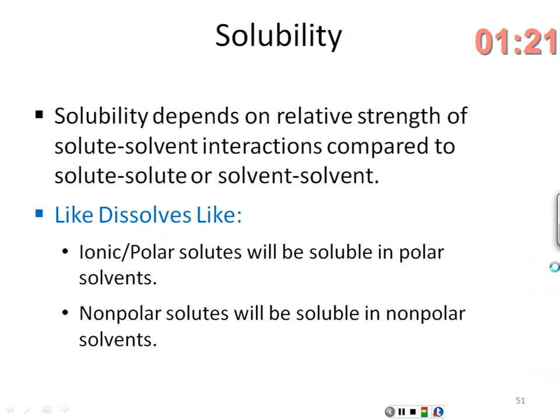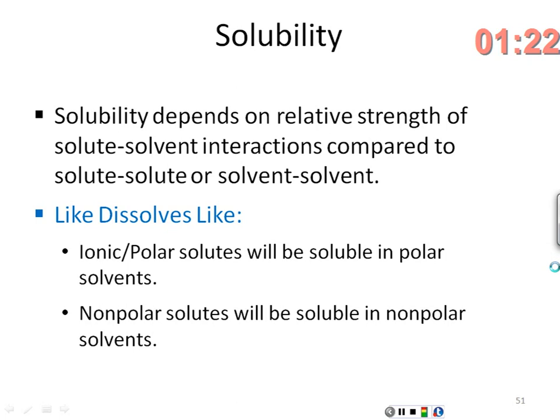So the second physical characteristic that's really influenced heavily by intermolecular forces is solubility. And solubility depends on the relative strength of solute-solvent interactions compared to solute-solute or solvent-solvent interactions.